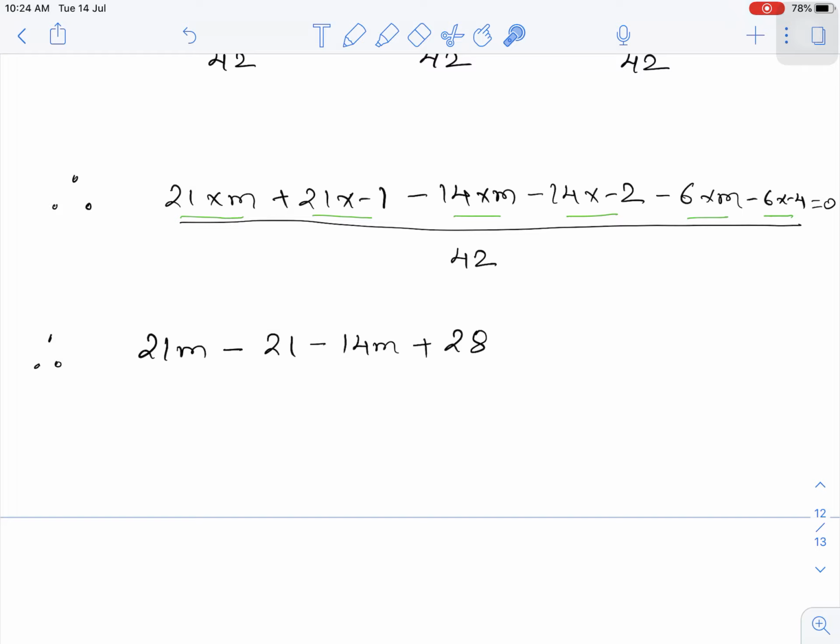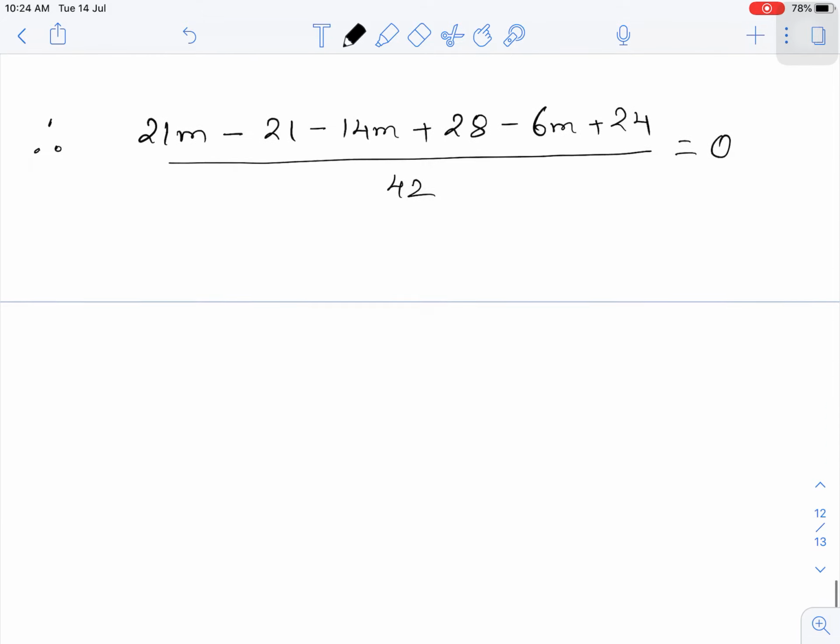Then minus into plus will become minus, 6 into m, that is 6m, again minus into minus will become plus, and 6 4s are 24. Now this total divided by 42 equals to 0.